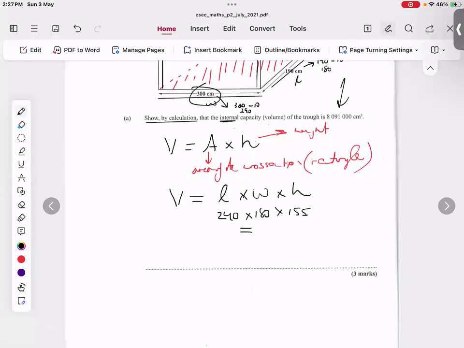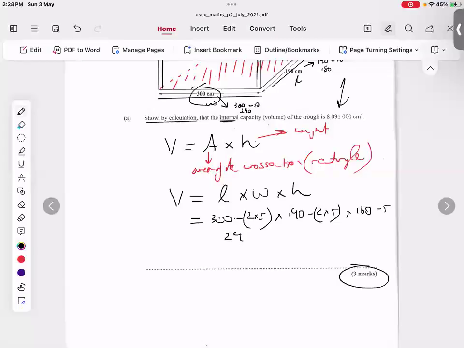So the calculation then, if you want to be fancy, how many marks is this question? 3 marks. Okay. So if you want to be fancy, you can say 300 minus 2 times 5, multiplied by 190 minus 2 times 5, times 160 minus 5.